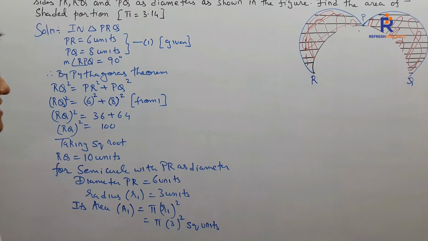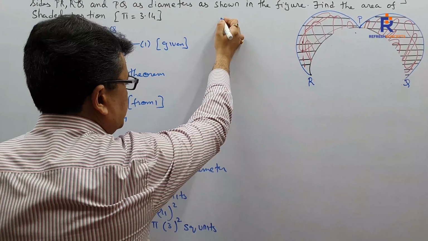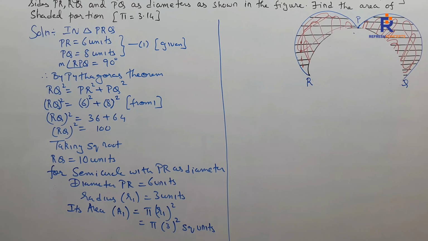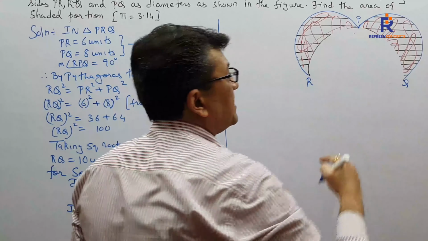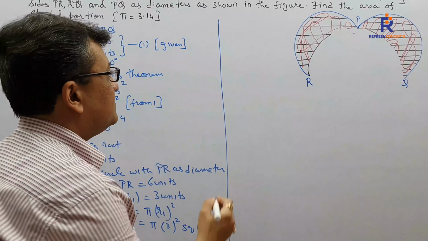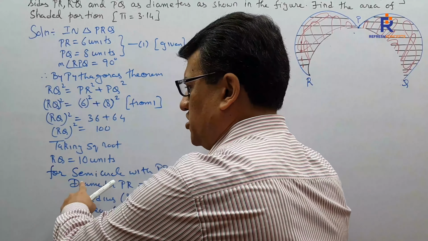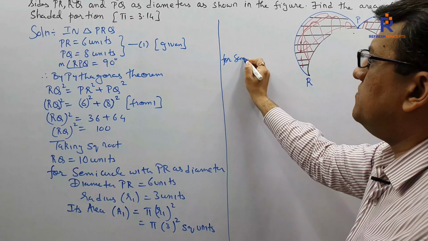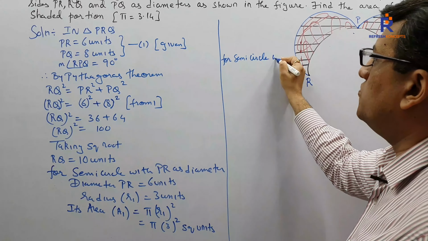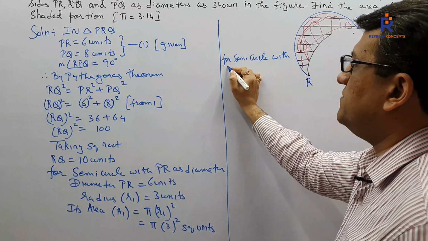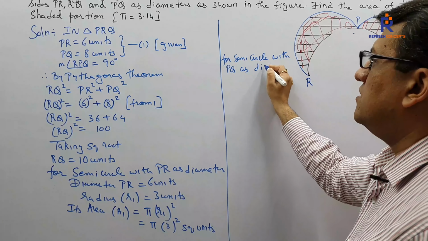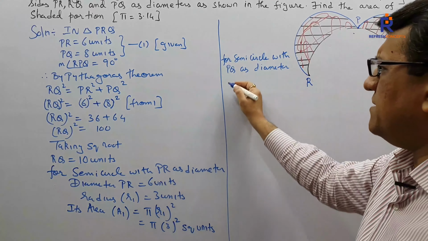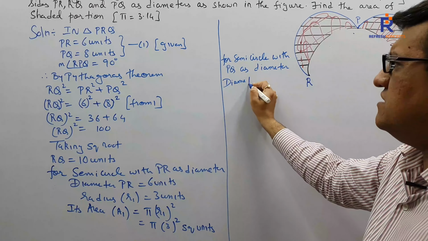Any problem? Let's work out. This sum is going to be a bit lengthy. Thereafter, we went for the area of the semicircle with PQ as a diameter. On the same lines, children, for the semicircle with PQ as a diameter, what is the diameter PQ?